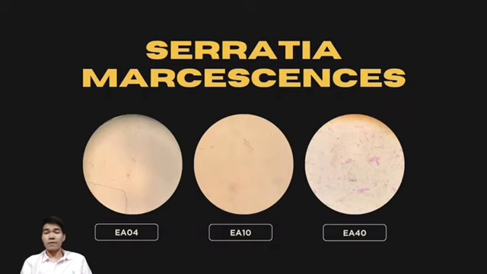The fourth one, we have the Serratia marcescens, often found in soil, water, and plant-associated environments, known for its red pigmentation. It is a rod-shaped bacterium with a pinkish red color, and it is noticeable especially when observed on agar plates.